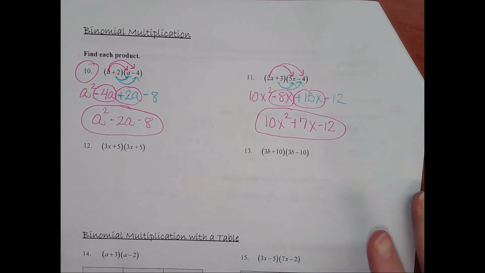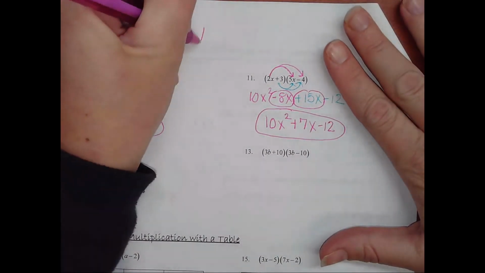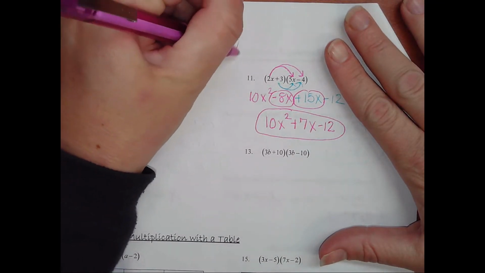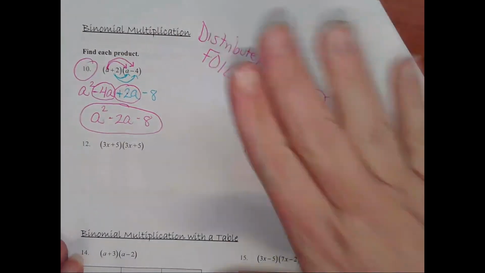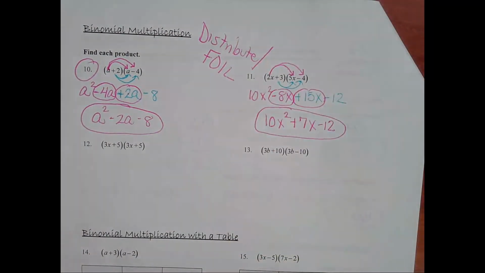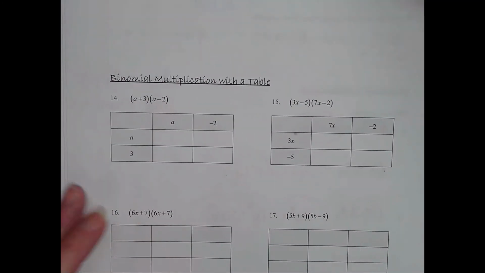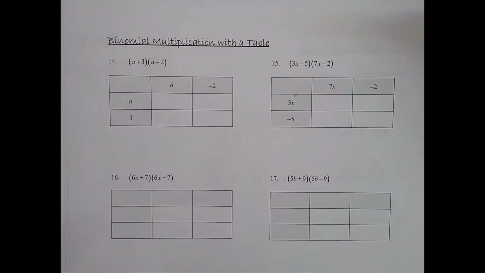That's how you can do it if you want. That's the distribution method, distribution FOIL, I'll call this. So this is distribute, or some of you may know it as FOIL. So if you like this way, that's what you're going to vote on and tell me here in the next couple of days. The other way to do this is using a table, and this is honestly my favorite.